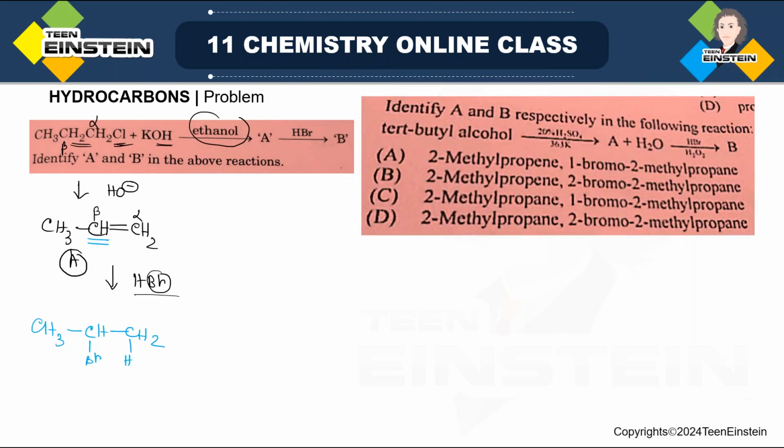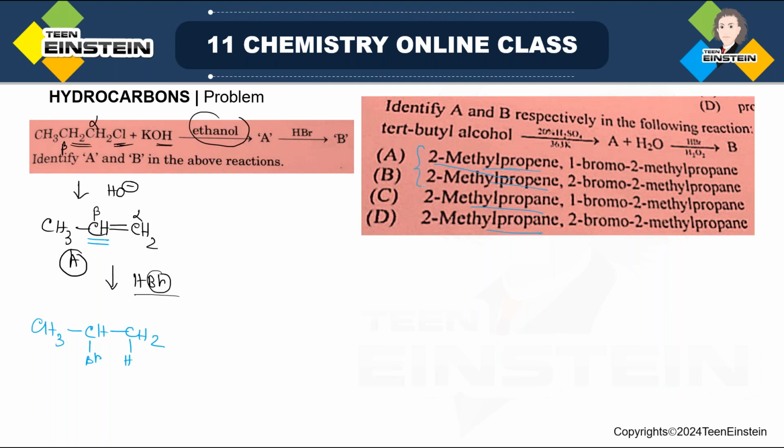Next question. Identify A and B respectively in the following reaction. Again we have to identify A and B, but now we have some options, and the structure is not given. Some nomenclature is given: 2-methyl propene, 2-methyl propane, then in C and D, 2-methyl propane and again the same.